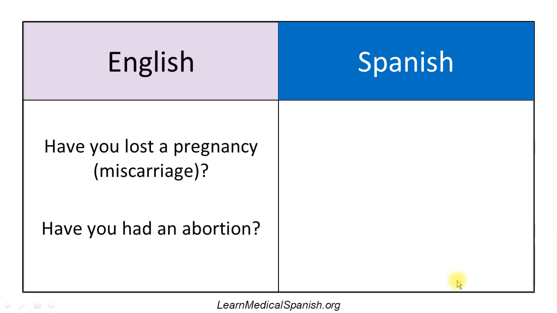Next, we're talking about what happened with all their previous pregnancies. So how many kids do you have? And then next we're going to ask, have you lost a pregnancy? Miscarriage? We're putting that word in parentheses, miscarriage, in case we need to prompt them if they don't know exactly what we mean the first time. Have you lost a pregnancy?